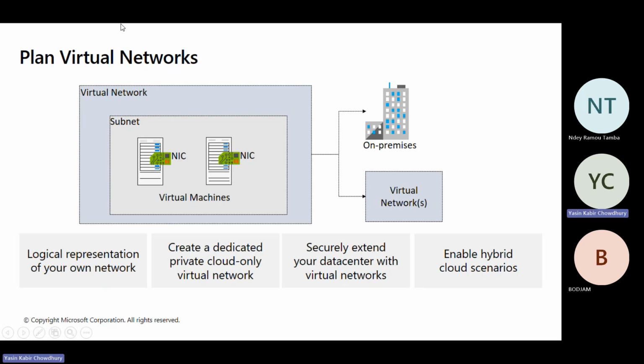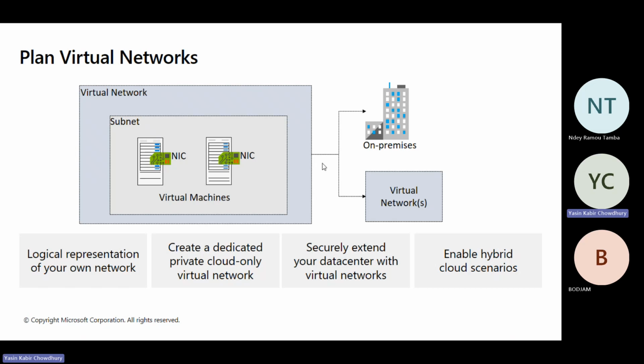So these are the parts of a virtual network, and this virtual network can be connected with another virtual network in your Azure. Suppose this virtual network is for your branch in Dhaka, and the other virtual network you created is for a branch outside Dhaka, in another town like Chittagong. And another one is on premises. On premises means, suppose you have one office physically and another office virtually in your Azure.